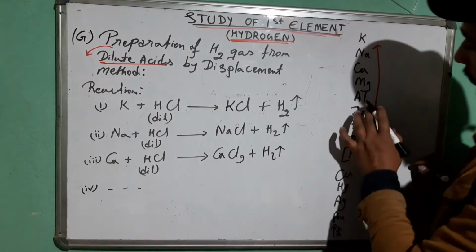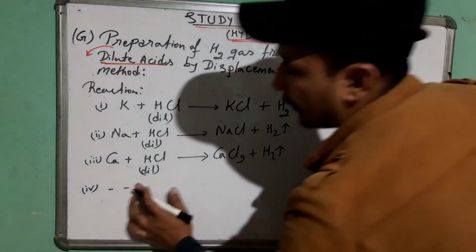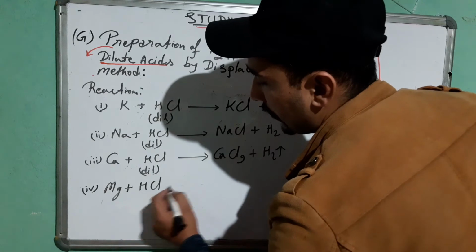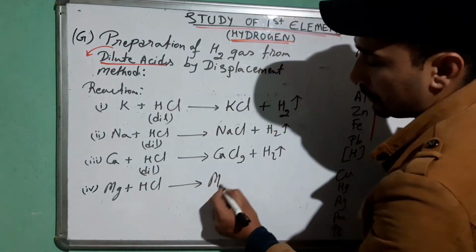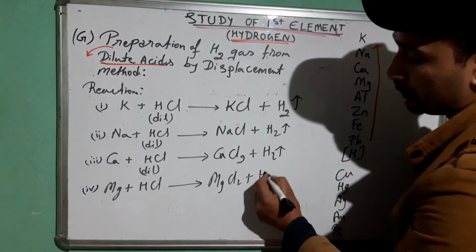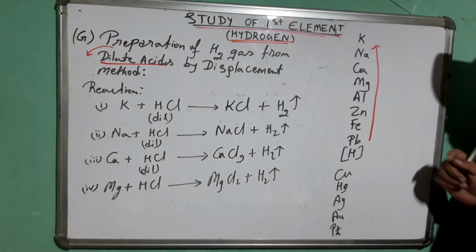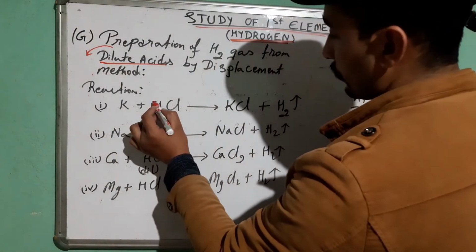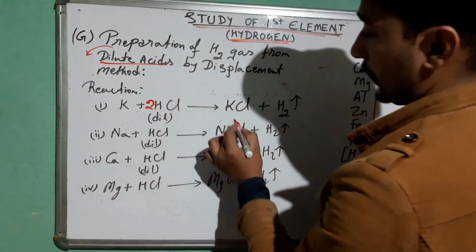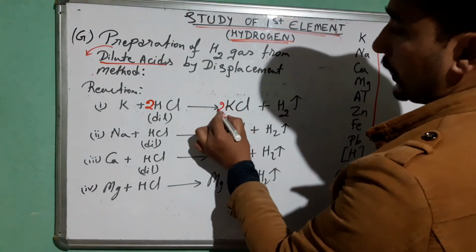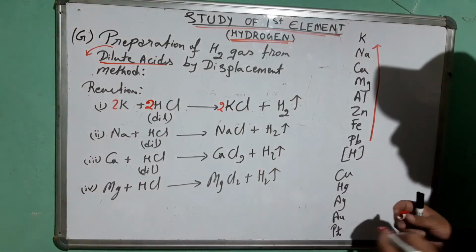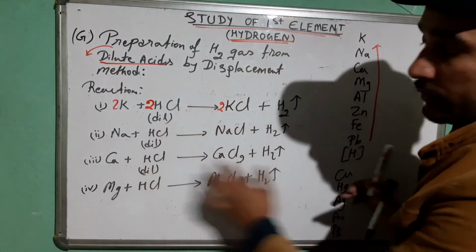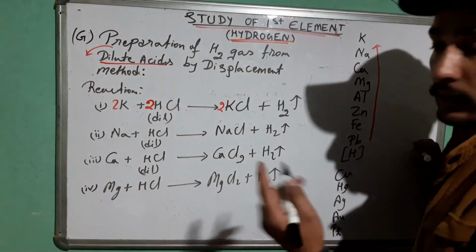Below calcium you have magnesium, Mg. Magnesium plus dilute HCl gives magnesium chloride plus H2 gas. You can balance this equation by putting 2 here and here. Balancing is up to you, I have not balanced any of the equations, so you can try balancing on your own.